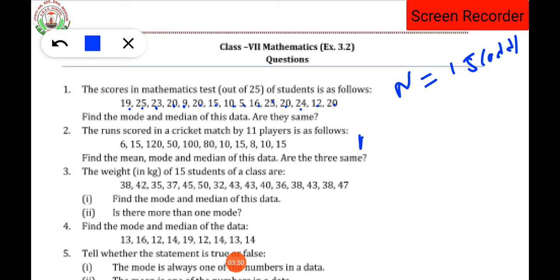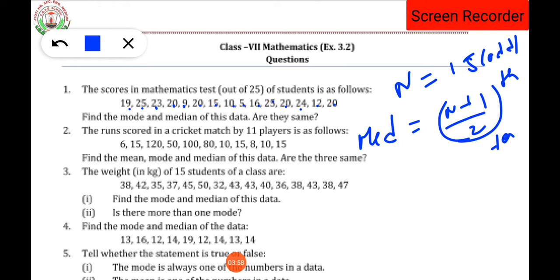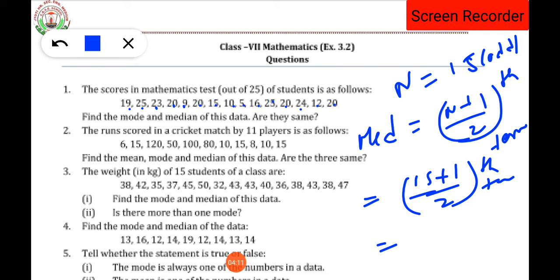If it is odd, then the median formula is the (n plus 1) by 2 th term. Now n plus 1, that is 15 plus 1, upon 2. 15 plus 1 is 16, and 16 divided by 2 is 8. So it is the 8th term.